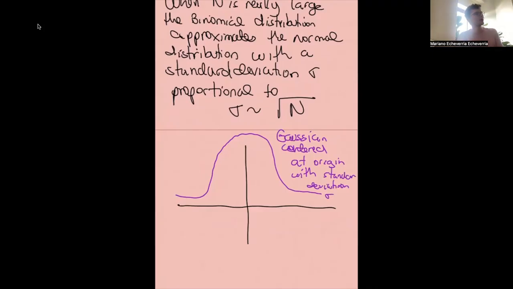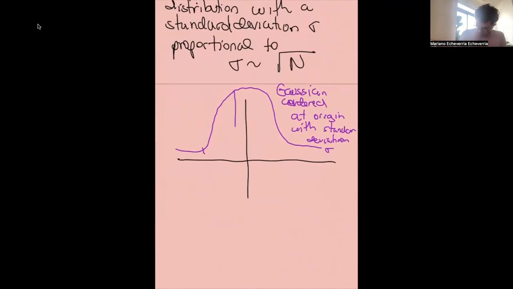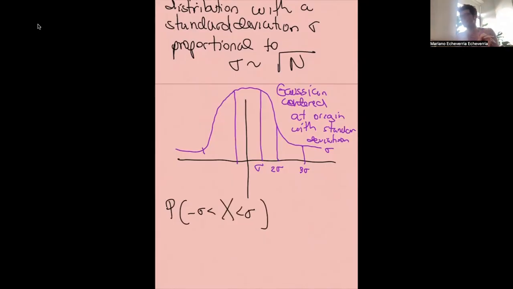There's this famous computational result about the Gaussian: the probability that the values of x are between minus sigma and sigma is roughly 0.68, or 68%.